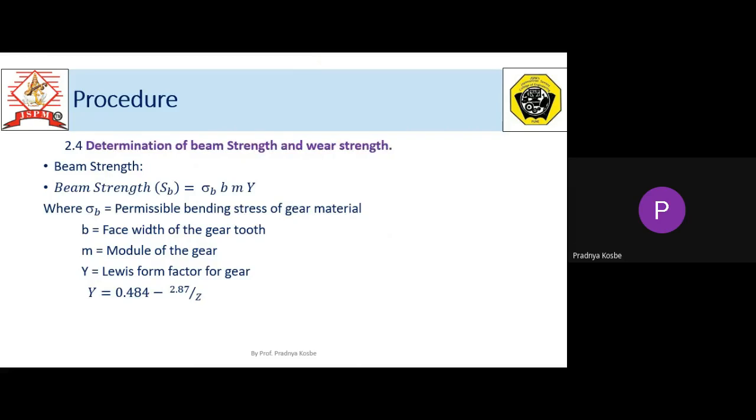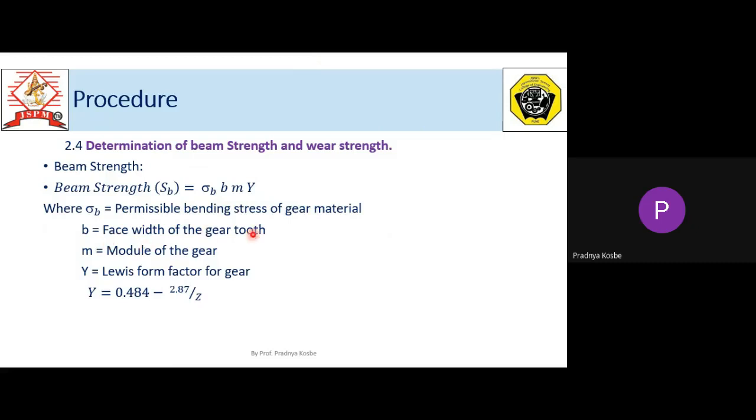So beam strength is given by SB is equal to sigma B B M Y, where sigma B is the permissible bending stress of the gear material. Now, how will you decide sigma B? We know that sigma B is equal to one third of SUT.